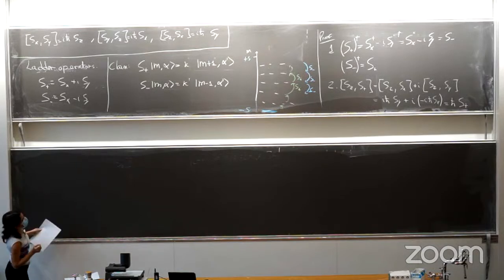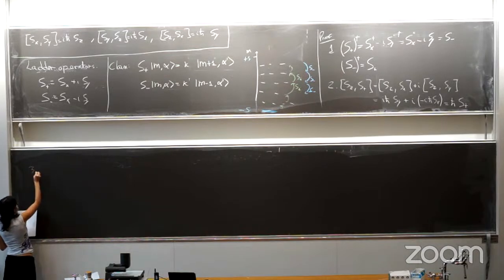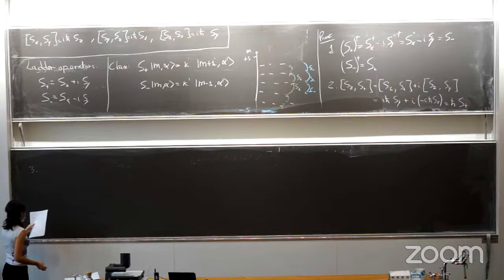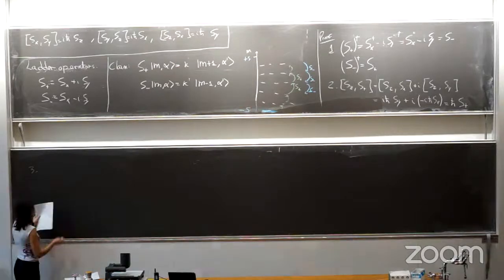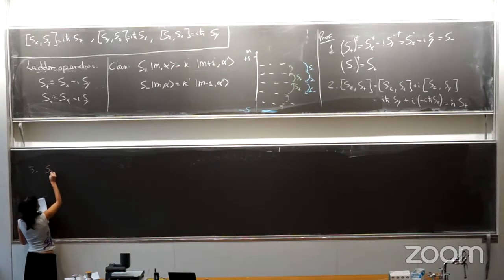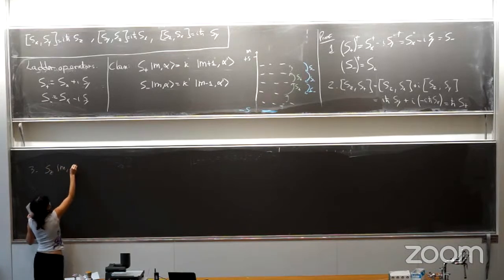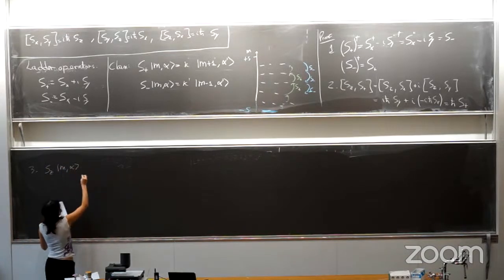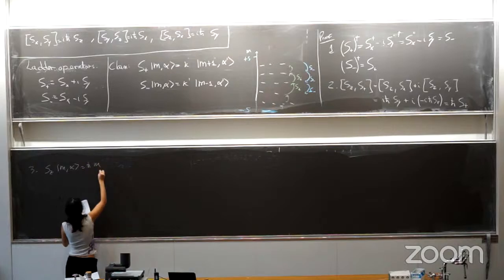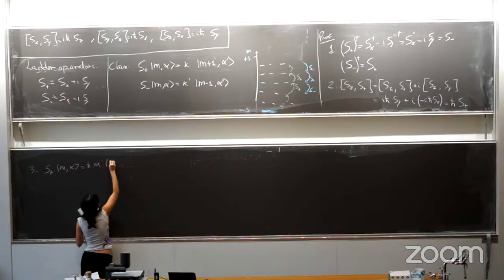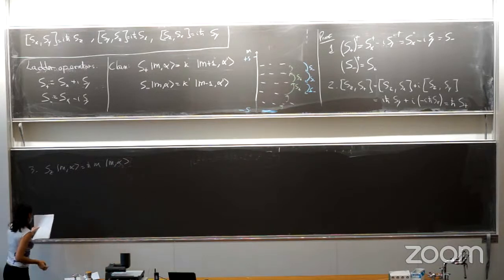This is step 3. Well, so we know that if you apply Sz on some eigenstate, you get h bar m times the eigenstate, right? In general.